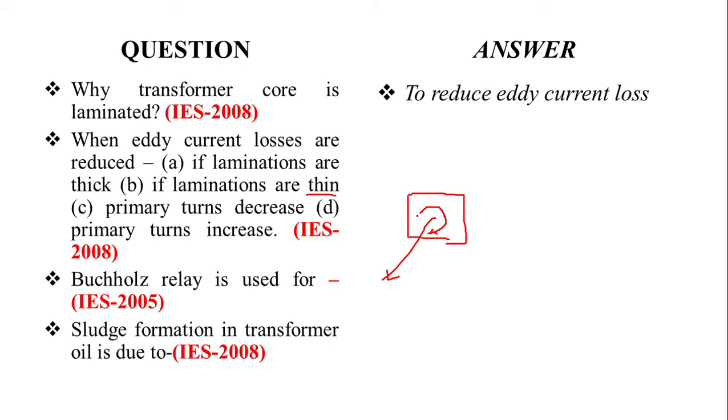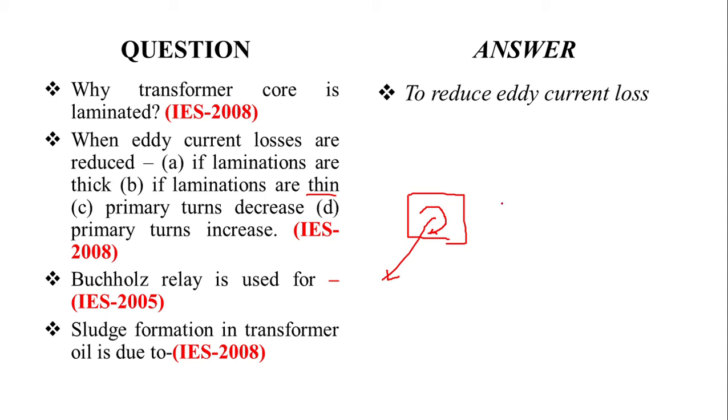Here you can see that if core is not laminated, then large area is enclosed by the eddy currents. The amount of eddy current is directly proportional to the area enclosed by eddy current loop. So here eddy currents are more.